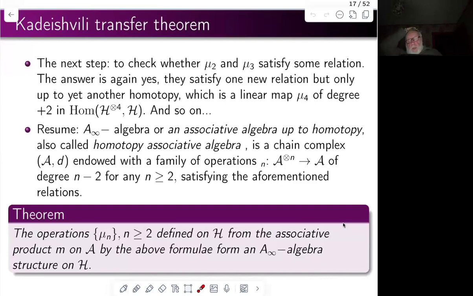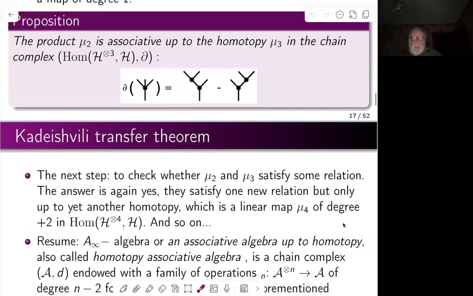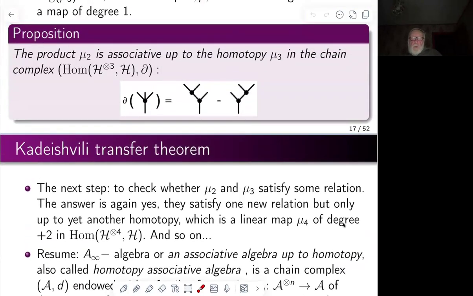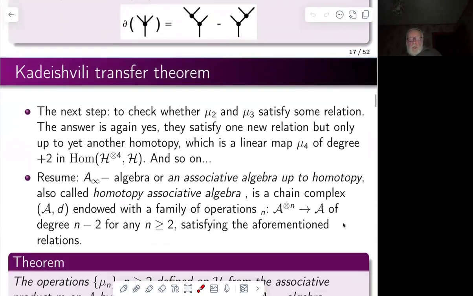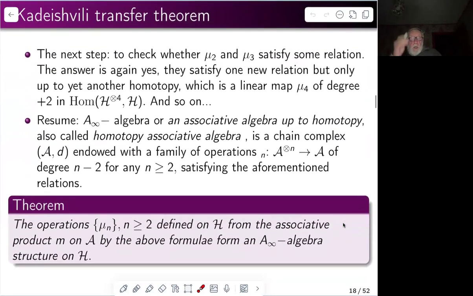He said, okay, now we have this mu2, mu3, we have this condition, associativity up to homotopy, but from this Stasheff identity, we also need some relation between mu2 and mu3.